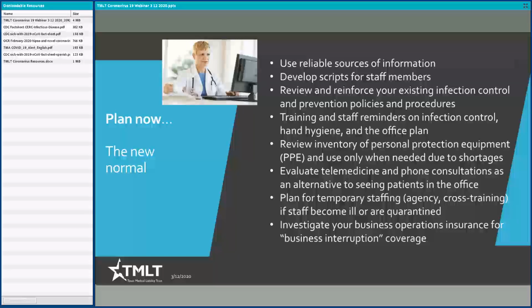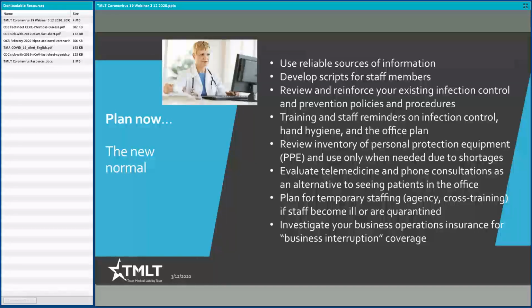Review your inventory of personal protection equipment, PPE, and use it only when it's needed. We are well aware that there are significant shortages of PPE in the world right now, and even things as simple as hand sanitizer are simply unavailable. So only use the PPE when you need to.